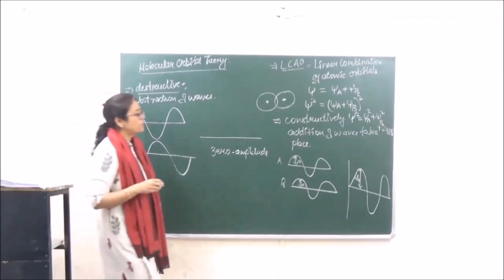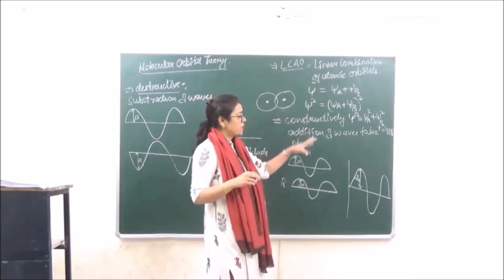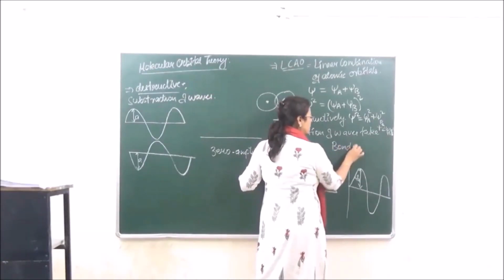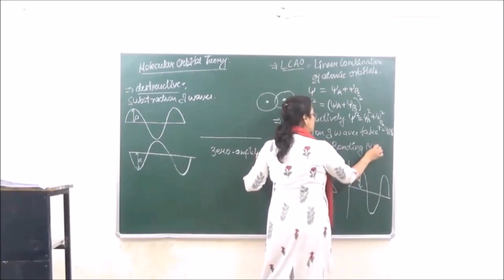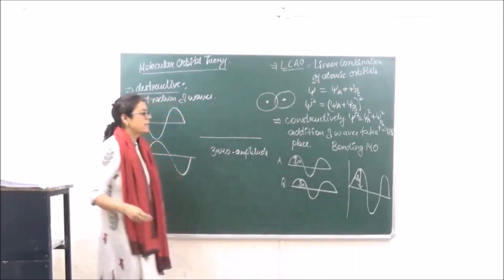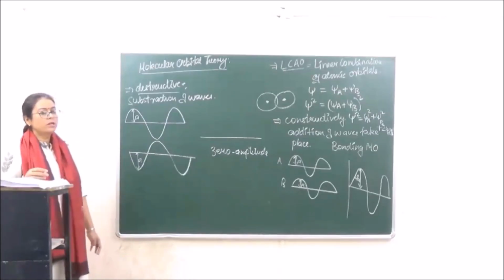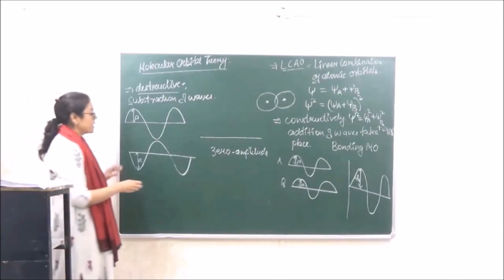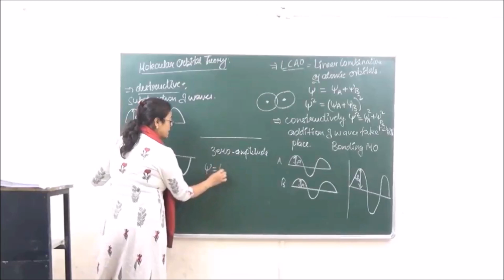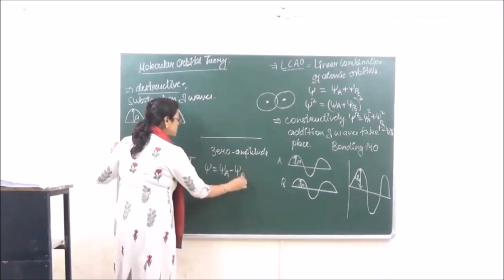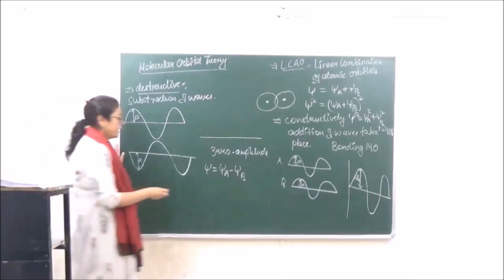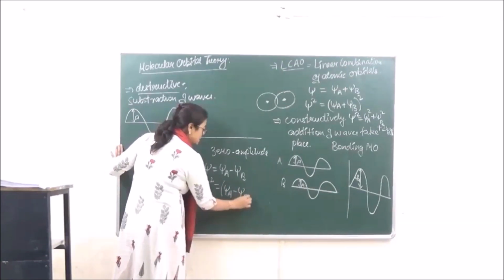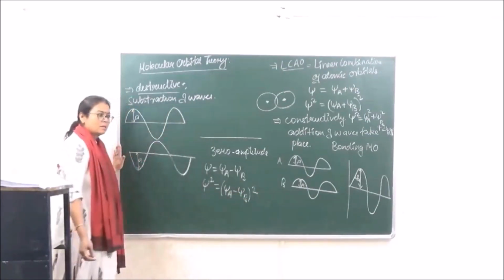Now such molecular orbitals which are formed by constructive interference are said to be bonding molecular orbitals. ठीक है? They are said to be bonding molecular orbitals. In case of the second one in which destructive interference is taking place, what is going to happen over here? Psi is psi A minus psi B. Okay, so if you are looking at probability density psi square, that will be equal to psi A minus psi B whole square. ठीक है?